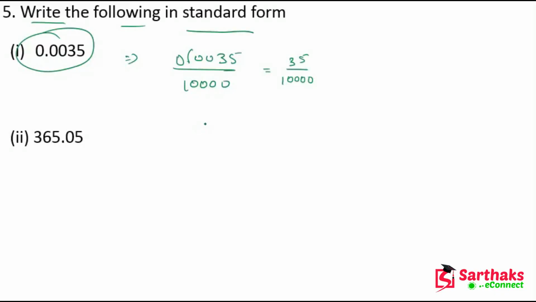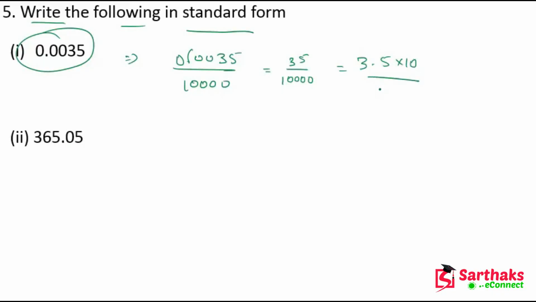Now if we want to place the point after the 3, we can write it as 3.5 into 10. If we remove this decimal, we get 10 in the denominator and we can cancel this 10 and this 10.